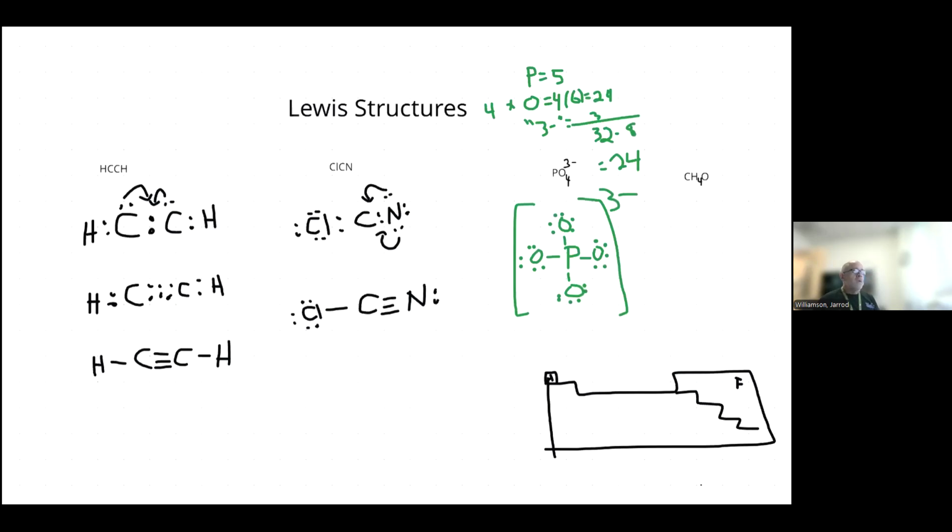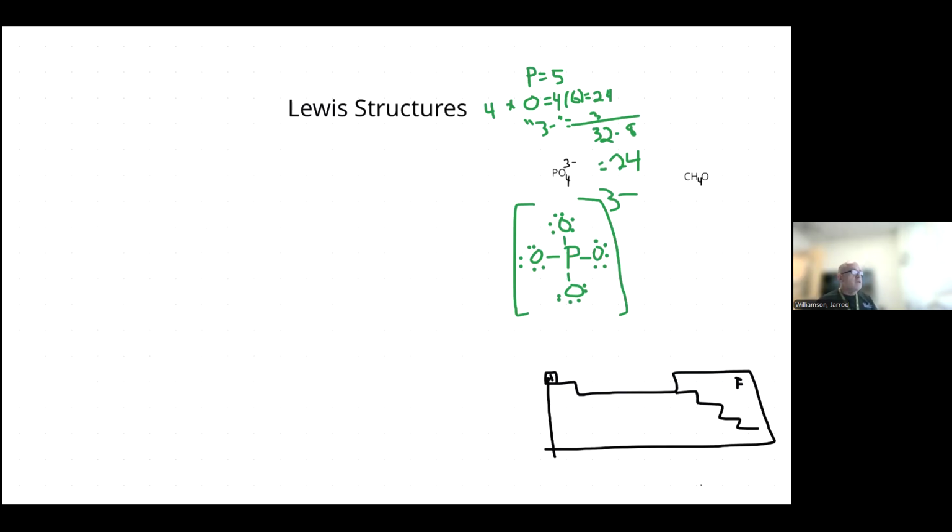Okay. Now I'm going to do this last one, CH4O. And to do that, I need to clear up a lot of space. Boom, cleared up a lot of space. And I'm going to clear up this stuff too.